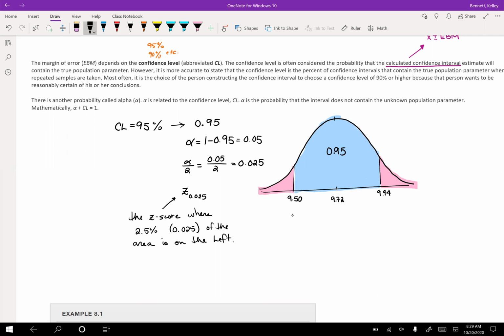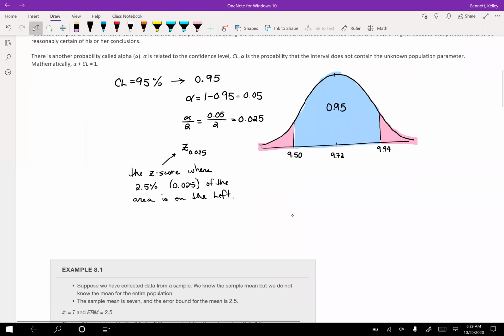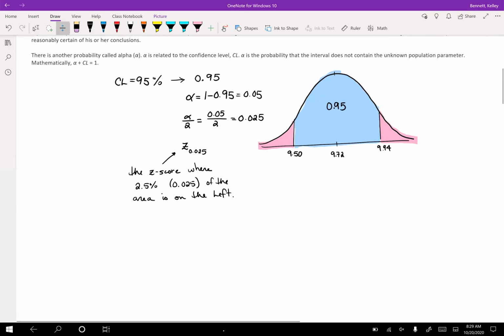It's given as a decimal of the area that's on the left. So a general form for this: we just did it with 0.95, but in general you're going to have your normal distribution and your point estimate X bar. Let's say you wanted a 90% confidence interval, just to switch it up a little bit.